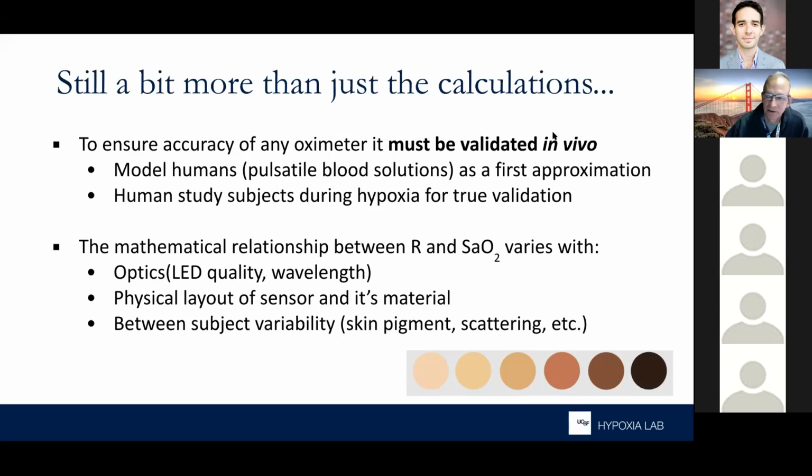And a factor that I'll talk more in detail about in just a minute is the skin pigment. Melanin can interfere with the accurate measurement of oxygen with a pulse oximeter, and so has a significant bearing on how oximeters perform and their reliability and accuracy.